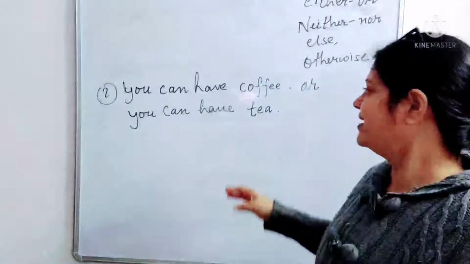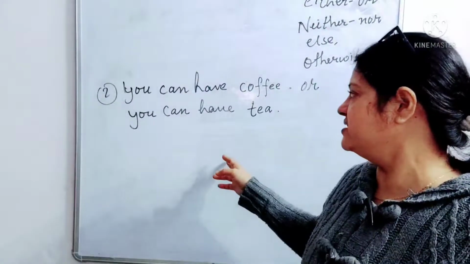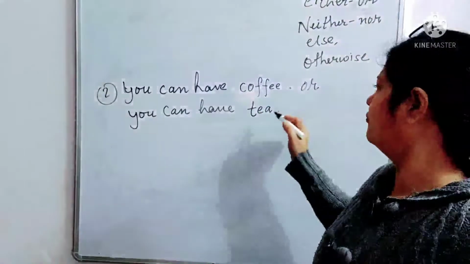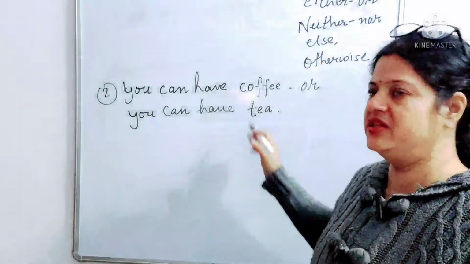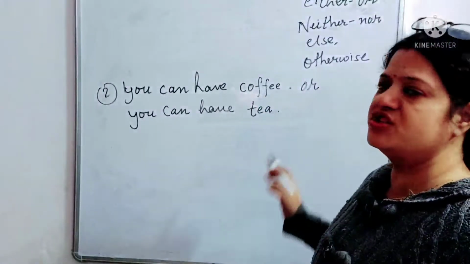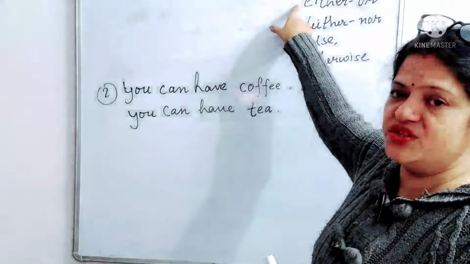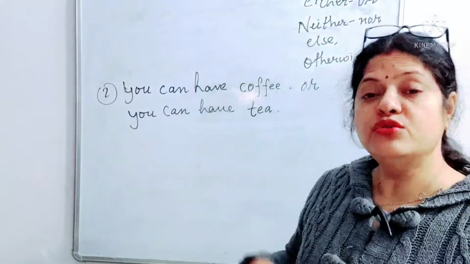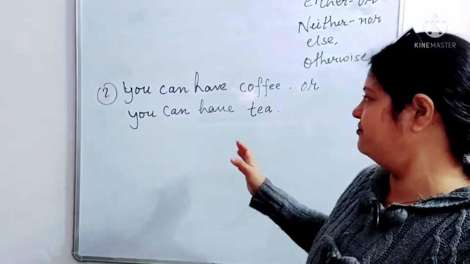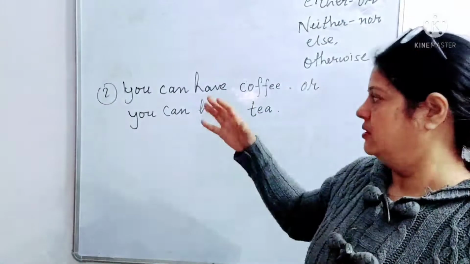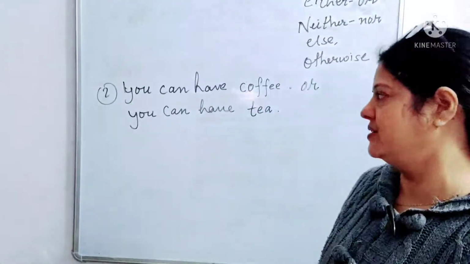Okay. So here again we see that I have written two sentences. You can have coffee or you can have tea. These two sentences are connected with this conjunction or. Okay. But we need to use the conjunction either or. So what we will do is first find out the different part and the common part in the sentence.